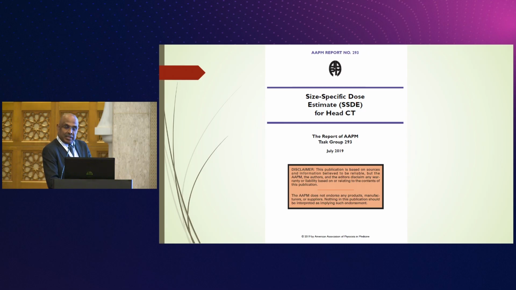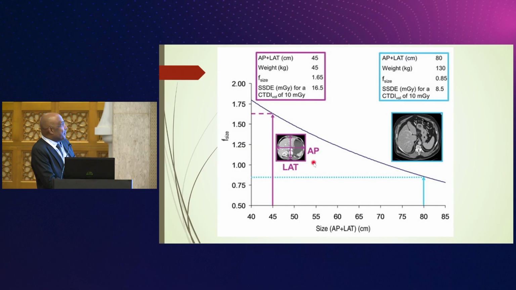So how do we work these things? Your AP and lateral measurements you can get from an axial image. If you combine the two, for a 45 centimeter lateral plus AP size, your conversion factor is 1.65. So if your CT scanner says the CTDI volume is 10 milligray, the patient actually receives 16.5 milligray.